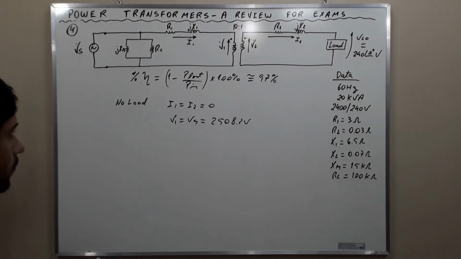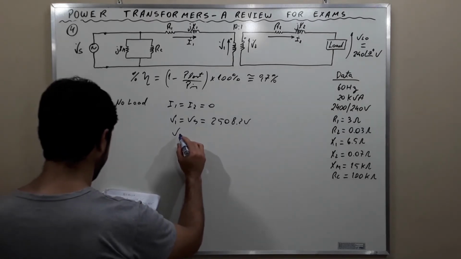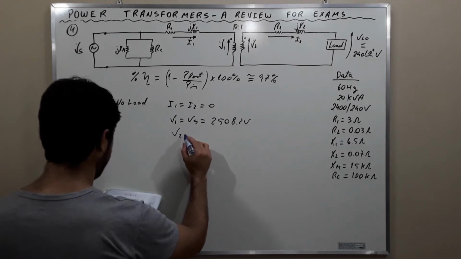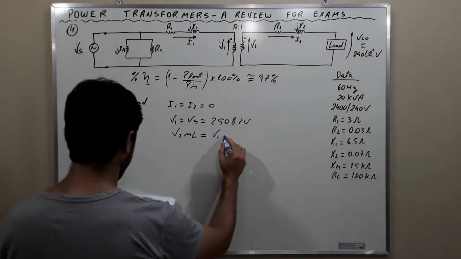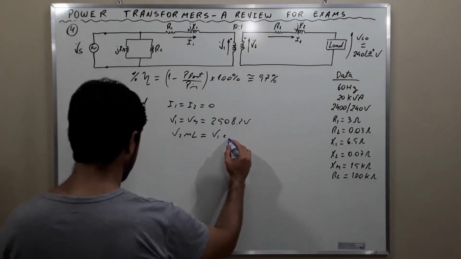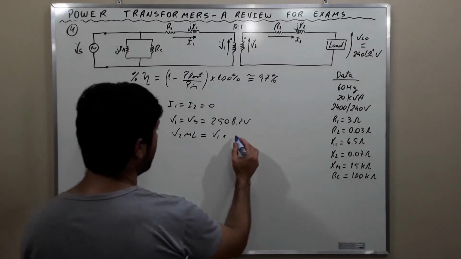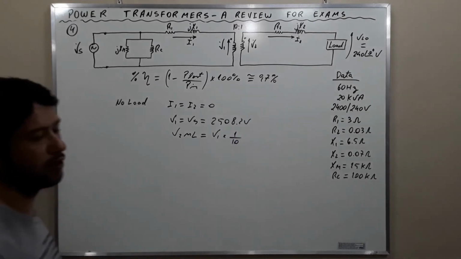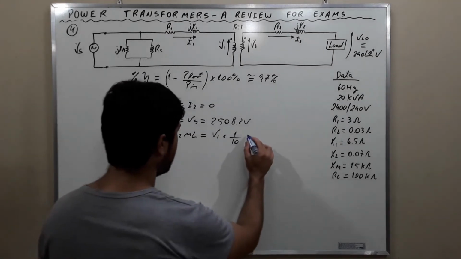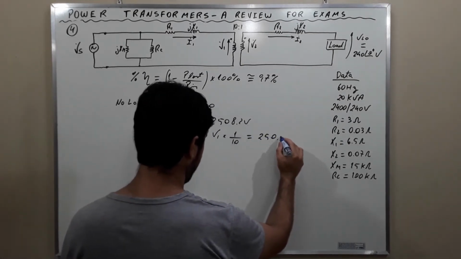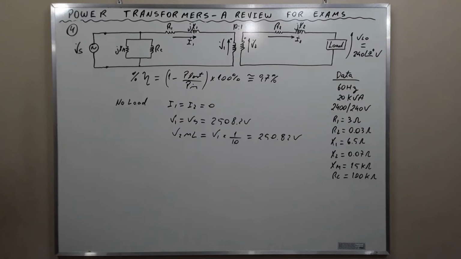And V2 no load is equal to V1 times the turns ratio of the transformer, but inverse, because we are stepping down the voltage. And it is 250.82 volts.